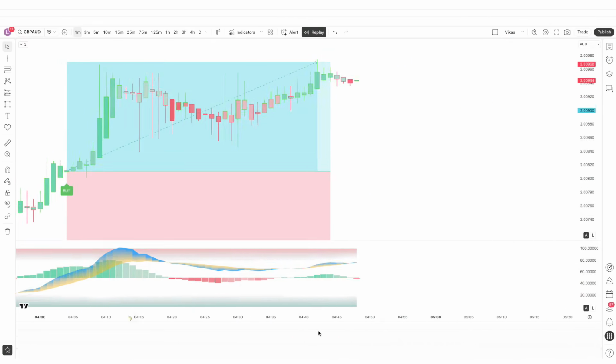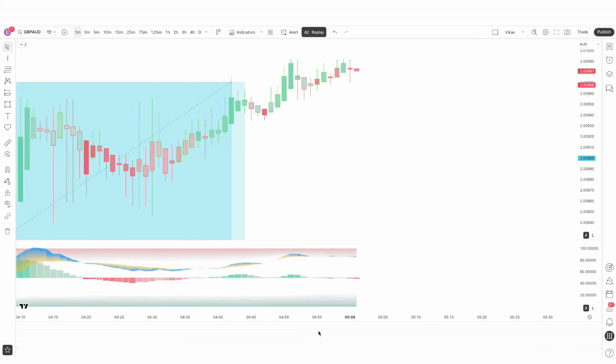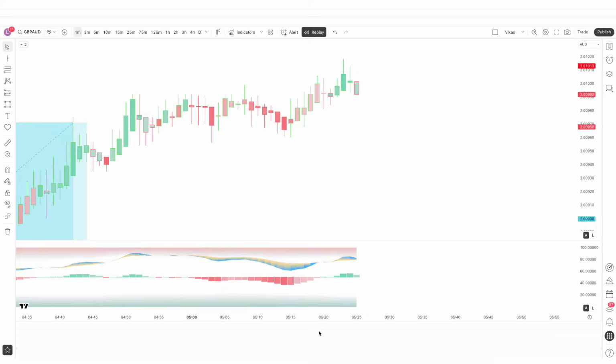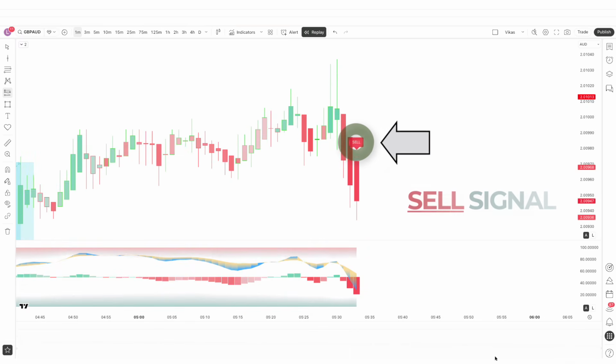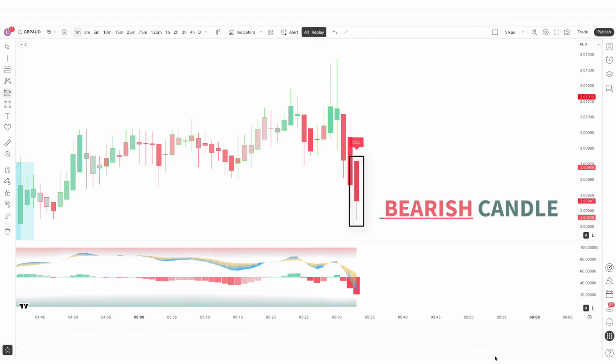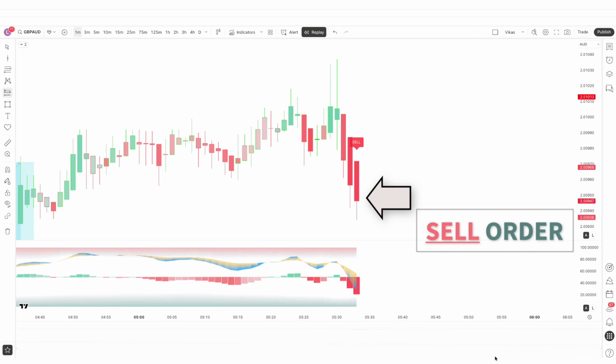Let's find the next trade. Here, the buy-sell signal box of this indicator shows sell signal. Here, the orange area of MACD normalized is above the blue area. Here, market has made a bearish candle to give confirmation, so all our conditions are being fulfilled, so we are placing an order to sell.